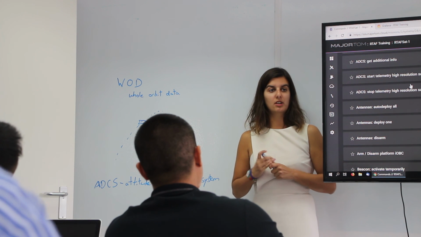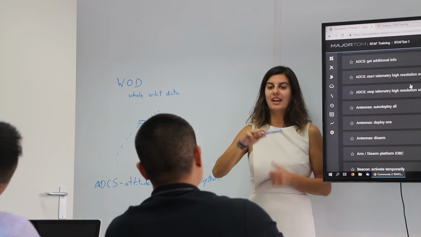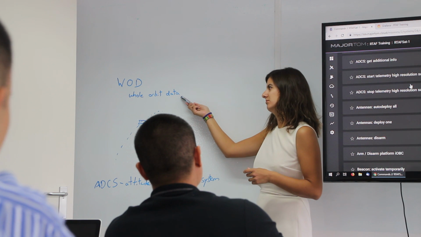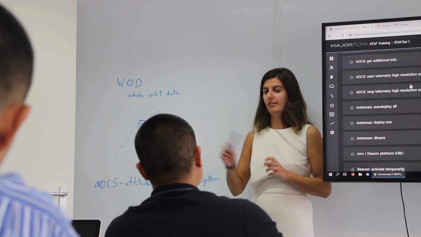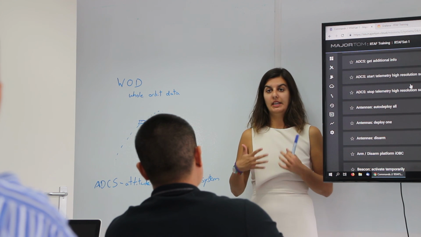There's really no point there. So because it's such a critical system, besides having this data, it has a higher resolution one, so it has more sampling. This data, I believe, is once per second, I'm not really sure. The high resolution data for ADCS is faster. I really don't know how much, but it gets you a lot of data.